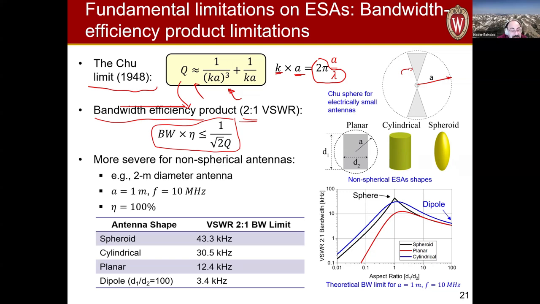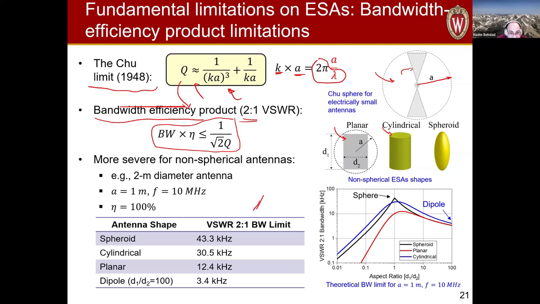Studies have shown that in order to approach that limit, we need antennas that use the entire volume within the sphere efficiently, so these tend to be spherical shaped antennas. If you have a planar antenna, a cylindrical antenna, or a dipole antenna, then the situation would be even more severe for these antennas.